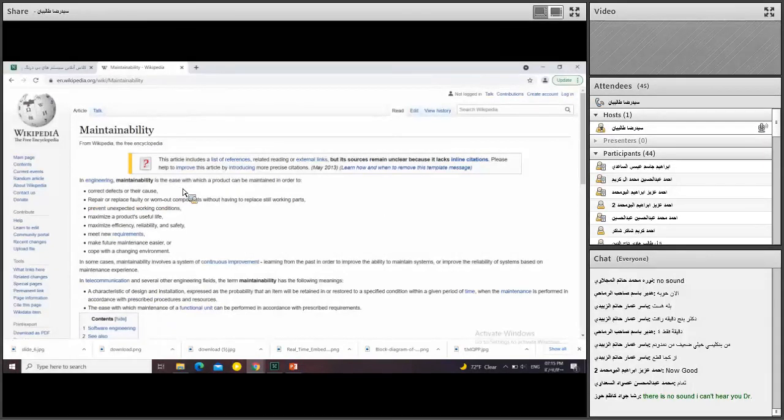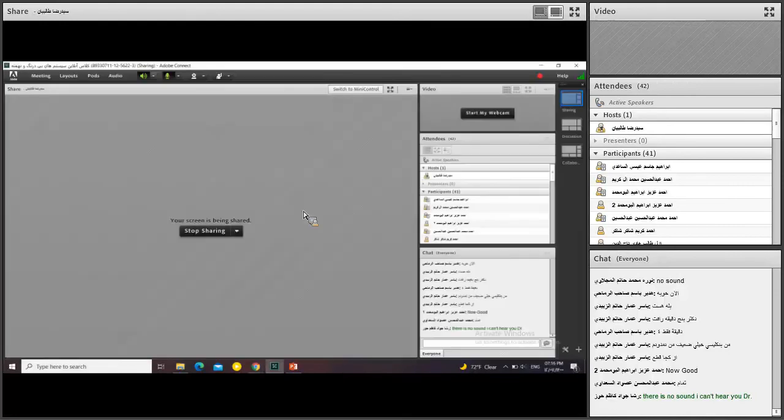In engineering, maintainability is the ease with which a product can be maintained in order to correct defects or their cause, repair or replace faulty or worn out components without having to replace still working parts. As I told you, if we have an error in the system, we can correct this error and the system continues working correctly.